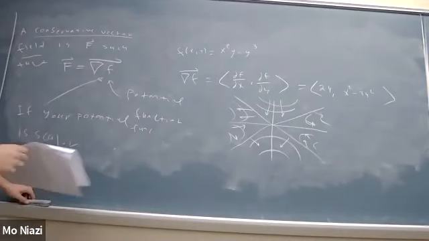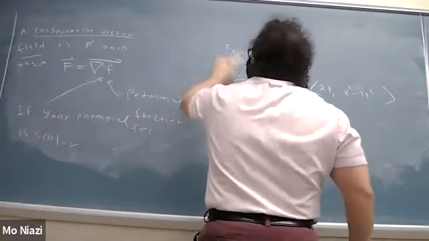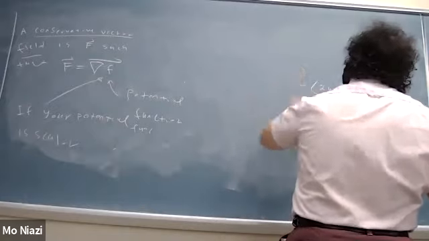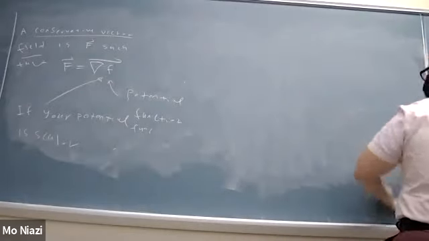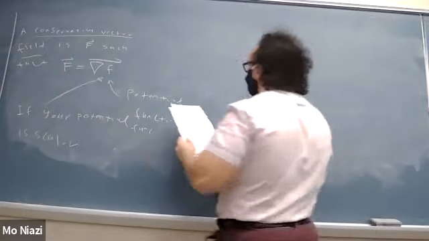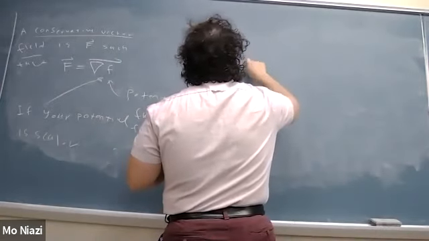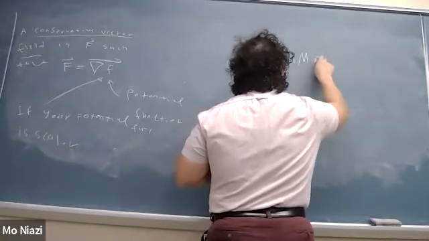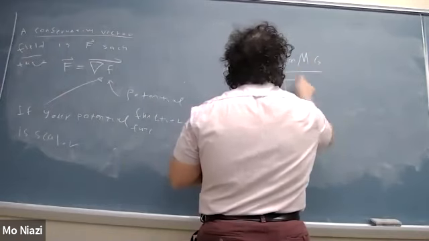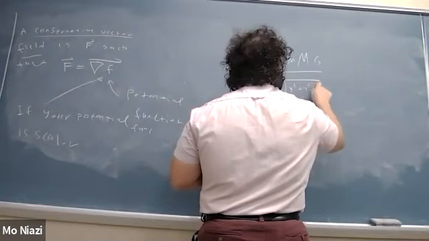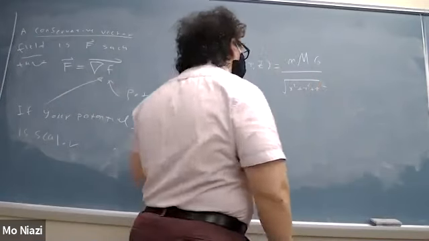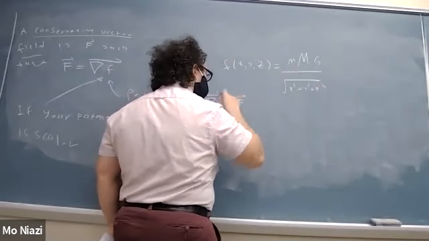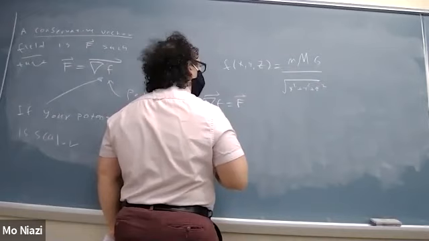So for example, the gravitational potential. The gravitational potential was this. Why? Well, because when you take the gradient of this function, you should get the gravitational vector field.